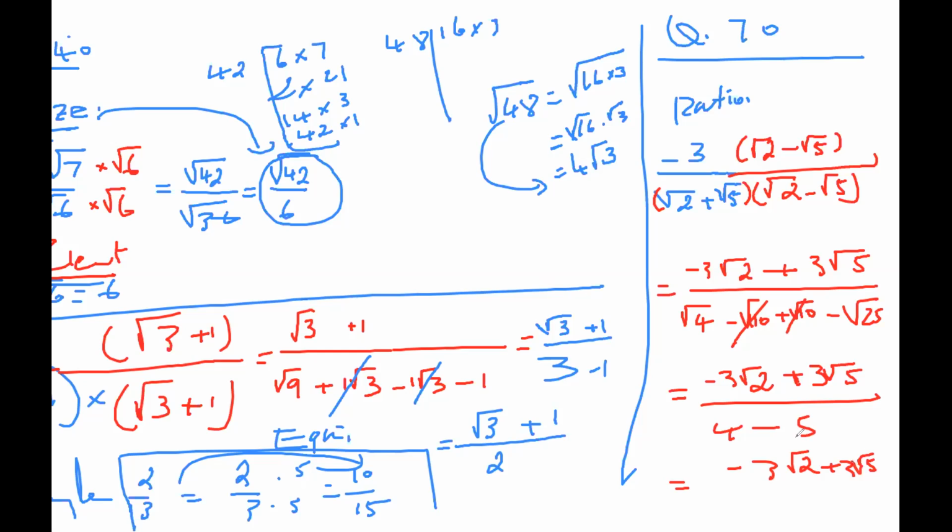You could move the negative up, turning this into a plus and this into a minus. The final answer would be 3 radical 2 minus 3 radical 5. And as you can see, we no longer have the radical in the denominator, and we just rationalized this.